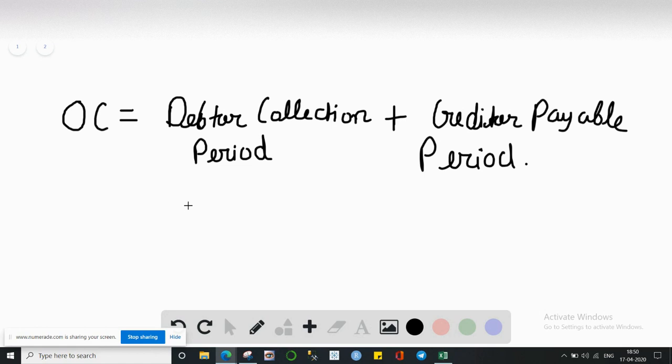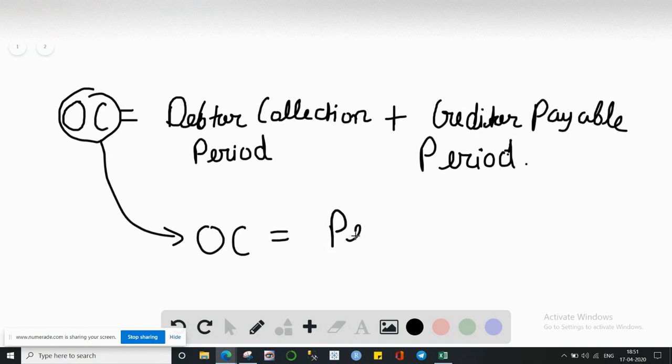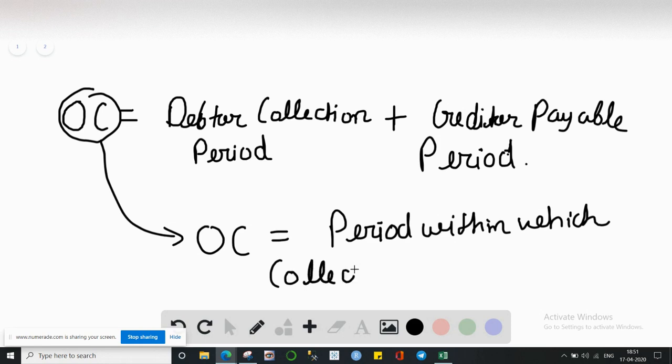Okay, there is also a third element which will not be relevant right now, but as of now you can think of operating cycle like the period within which the collection and payment is done.